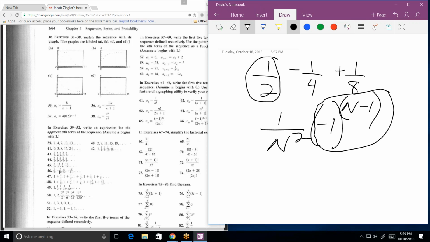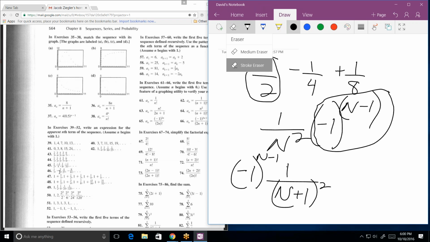Hold on, I'm thinking. Well, okay, how about this? 1 over n plus 1 squared times -1 to the n minus 1. There you go. I think that gives you the sequence. When n is 1, anything to the 0th power is 1. And the bottom wouldn't be 1/2.